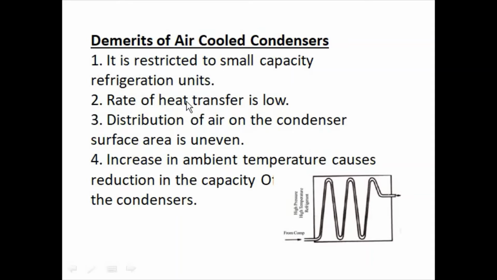The rate of heat transfer is very low for this air-cooled condenser. Another demerit is that the distribution of air over the condenser surface area is uneven. The next one, an increase in ambient temperature causes a reduction in the capacity of the condenser. These are the demerits of air-cooled condenser.